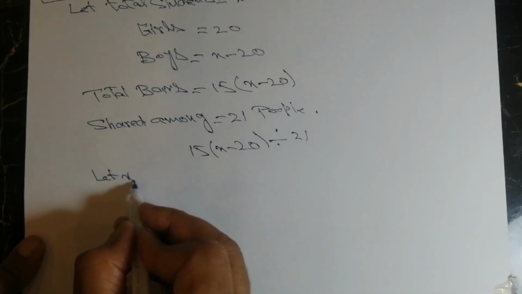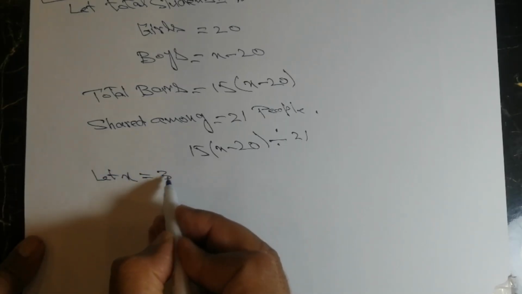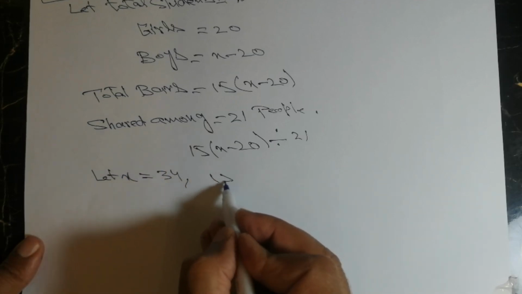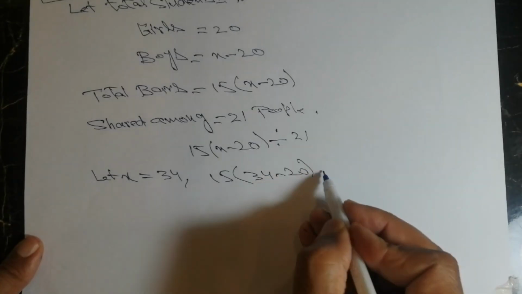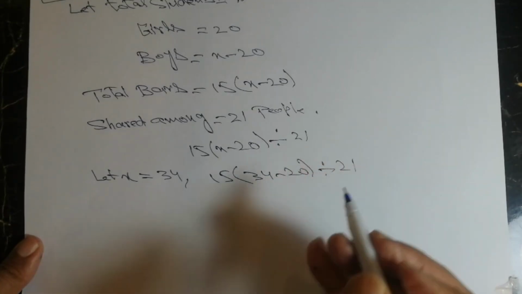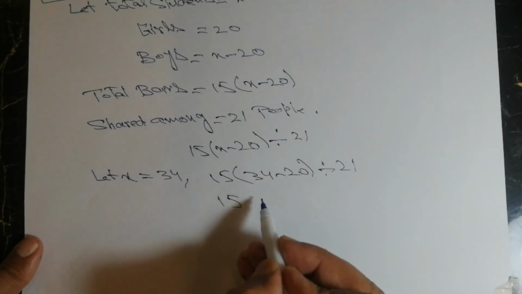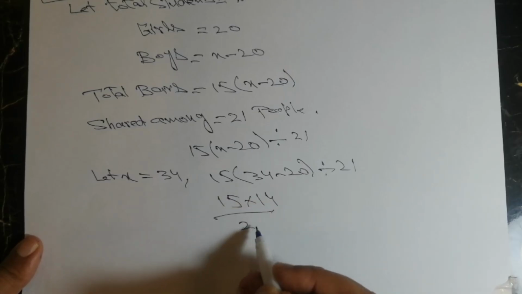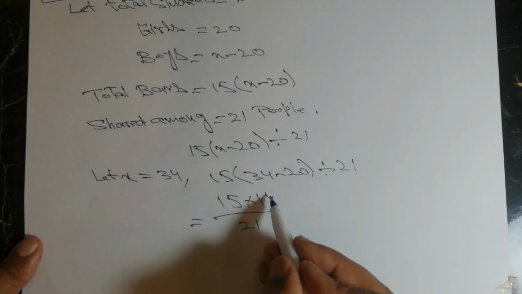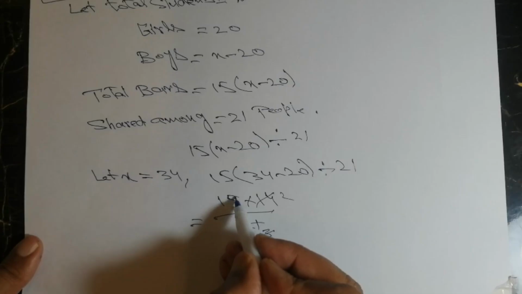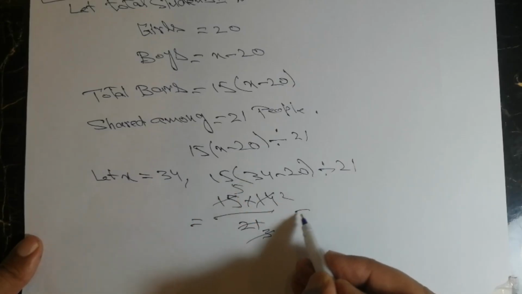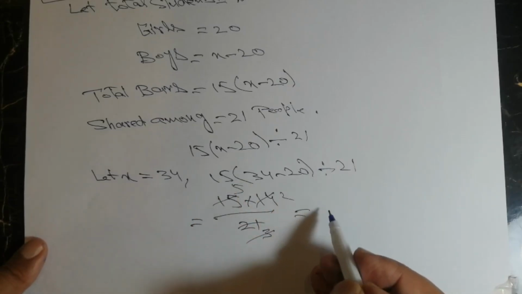I tried it for x equal to 34, that is 15 into 34 minus 20 divided by 21. So 15 into 14 over 21. So 7 2s are 14, 7 3s are 21, 3 5s are 15. So 5 into 2, 10.